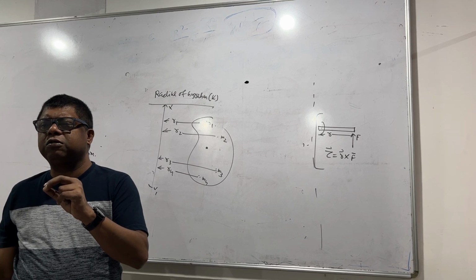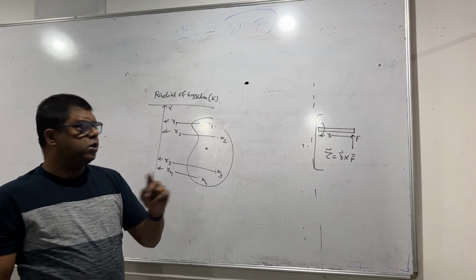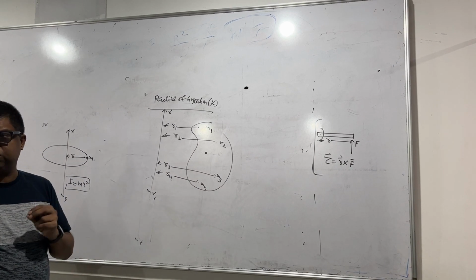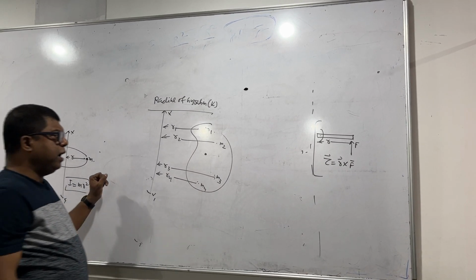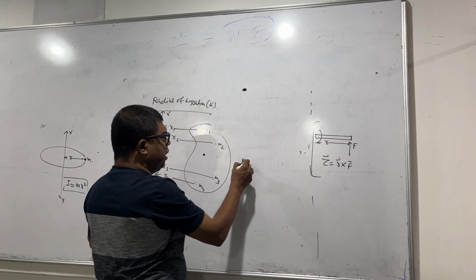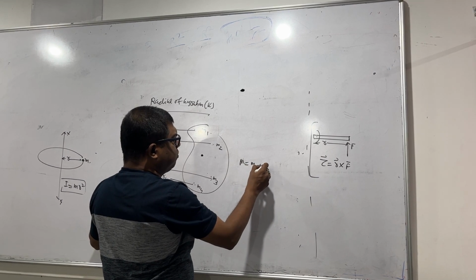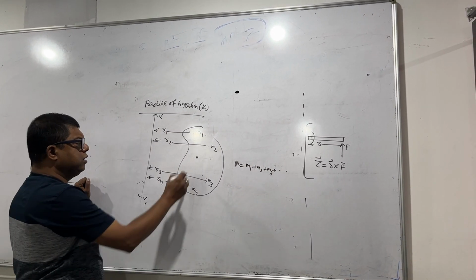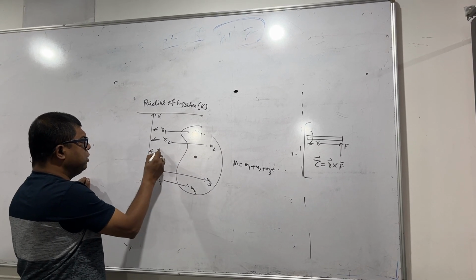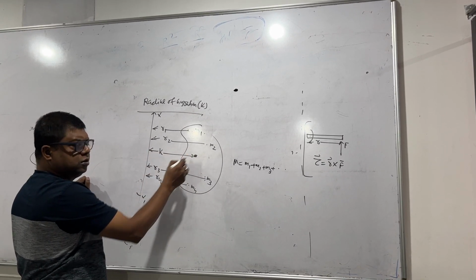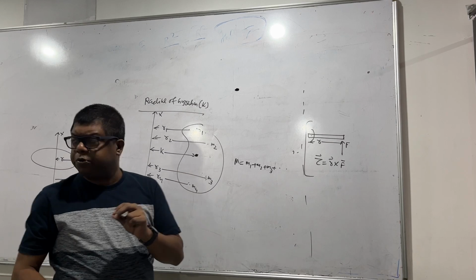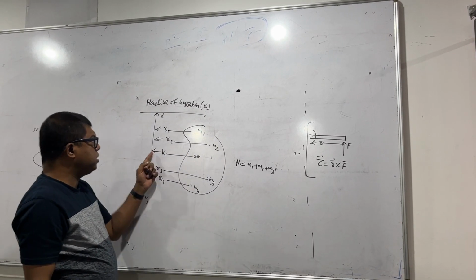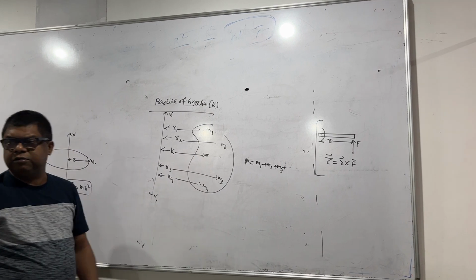Assume that the mass of the particle is concentrated at this point. And the whole mass of the body, that is M, is equal to m1 plus m2 plus m3, and this mass is supposed to be concentrated at this point, and the distance from the axis of rotation is k.